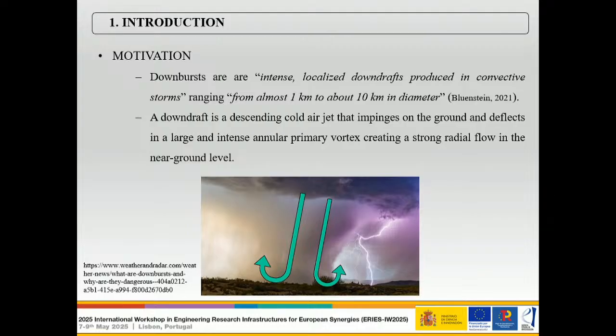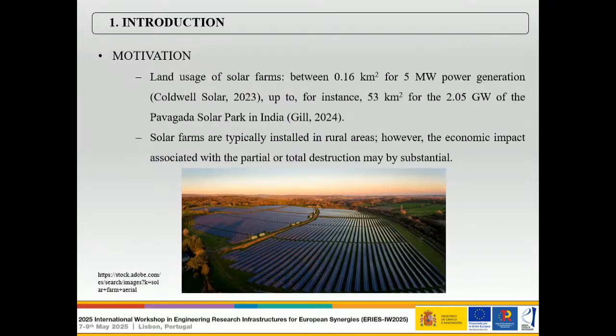So essentially what we have is this descending cold air that impinges on the ground, deflects, and then there is a primary annular vortex that is then moving over the surface, this kind of donut that Girma mentioned before.